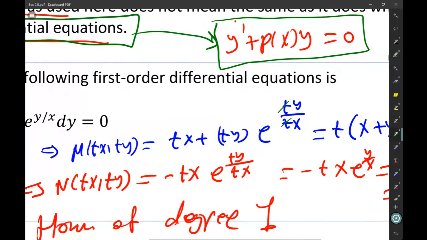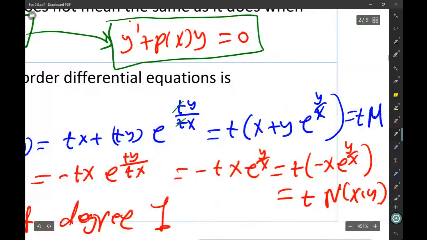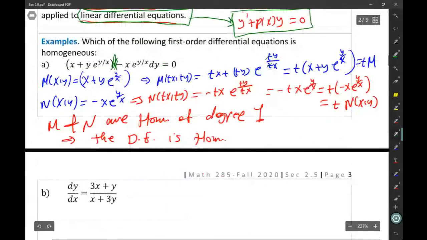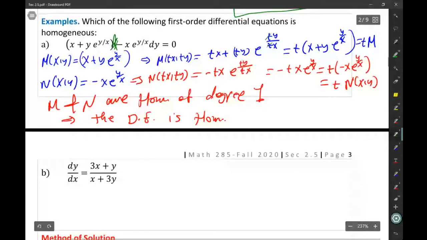You will have t as a common factor, you can take it: t times (x plus y e to the power y/x), which is m. So it is t times m. Is this one clear? Yes, now it's clear.